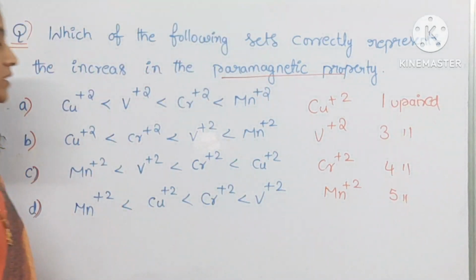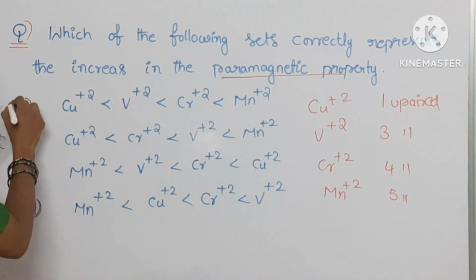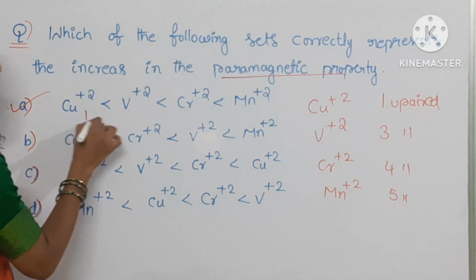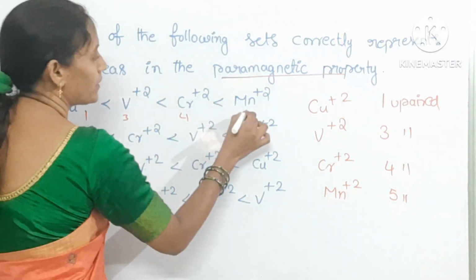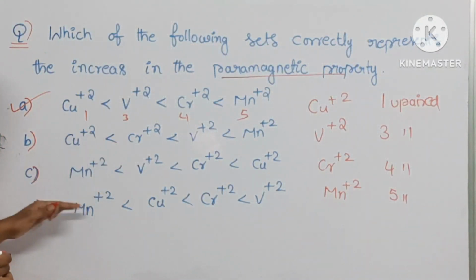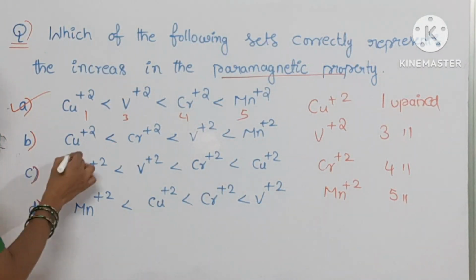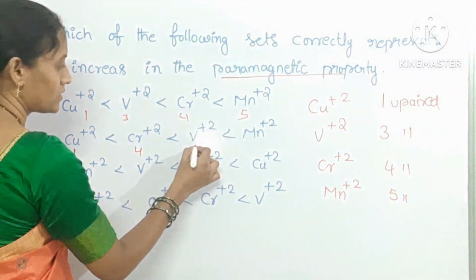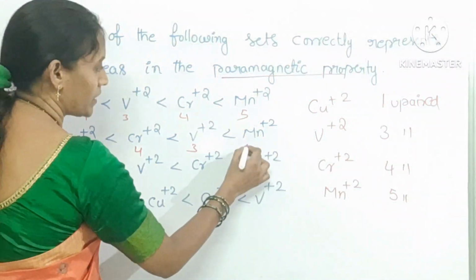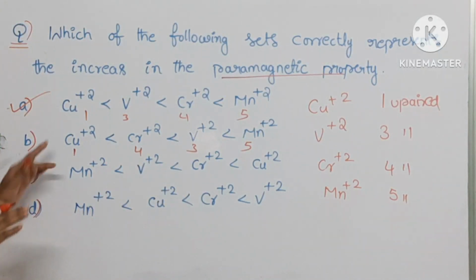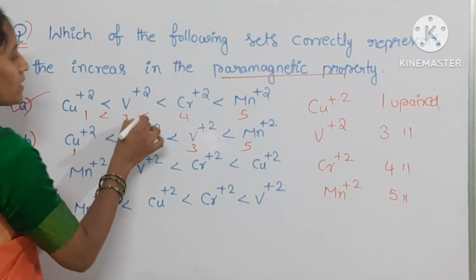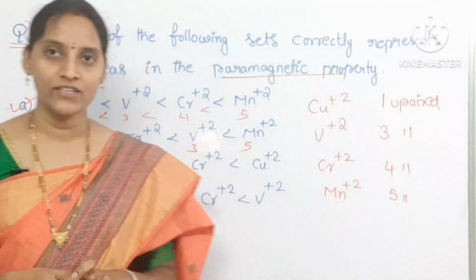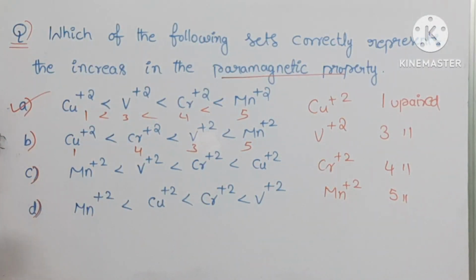So I think this one is your answer, because 1, 3, 4 and 5 unpaired is in order, but the remaining options are not in the order. See, here chromium 4, next vanadium 3, next manganese 5. So all are not in the order, so this is the right answer for increase in paramagnetic nature of the given ions.